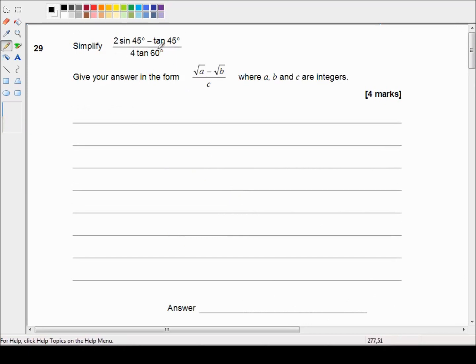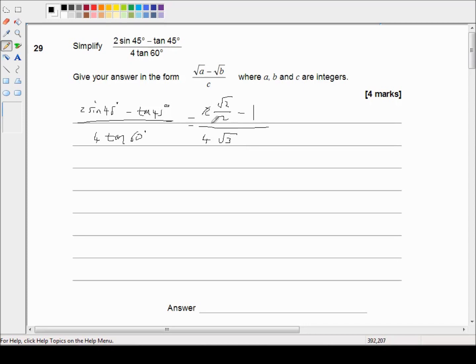Okay, so simplify 2 sine 45 degrees minus tan 45 degrees over 4 tan 60. So I'm actually going to write that out: 2 sine 45 degrees minus tan 45 degrees over 4 tan 60 is equal to, well, that's 2 times root 2 over 2 minus 1 divided by 4 times root 3.